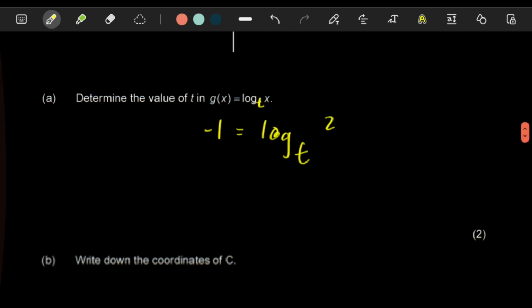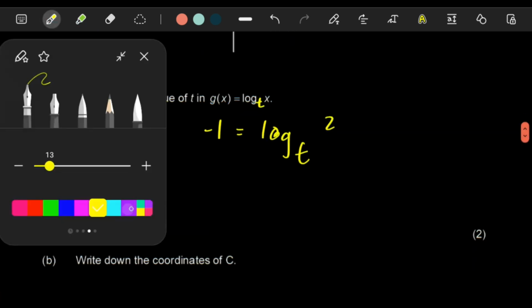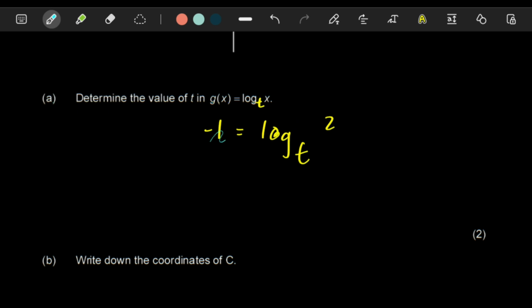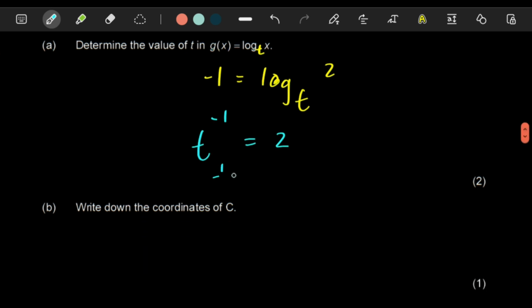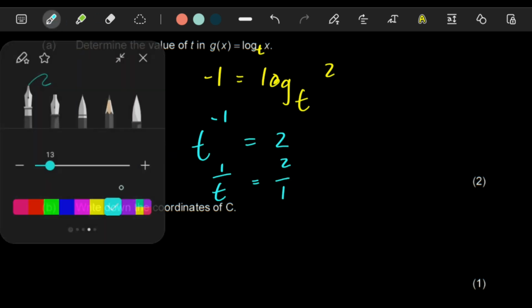Because remember, in this format, you always need to keep in mind that this is the exponent, this is the base. You see, exponent, base, and then this is the value on its own. So work out a value for t here. You have 1 over t is equal to 2 over 1, because any number on its own is like over 1.